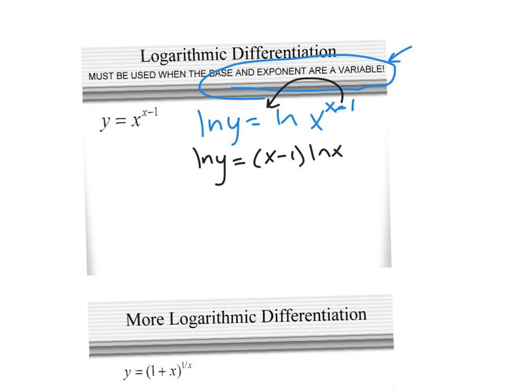Okay? And then from there, yeah, you have to use product rule, but it does make your life easier because then the derivative of ln of y is just 1 over y times the derivative of y, dy dx. This is not new to us, but then this one you have to use product rule. So first times the derivative of the second plus the second times the derivative of the first, which is just 1, okay?